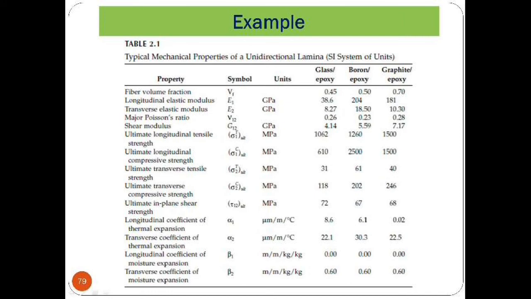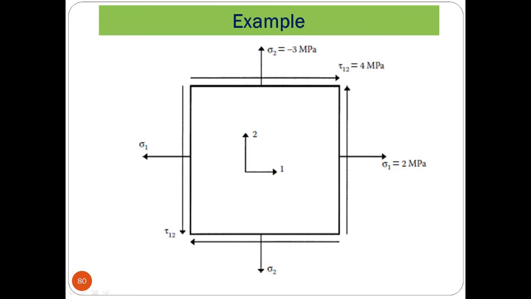Now from this table we have to take out the values of E1, E2, nu12 and G12, and the material is once again a graphite epoxy.